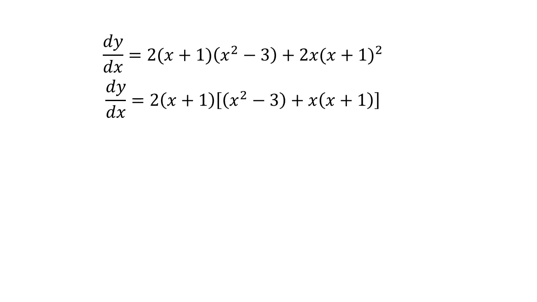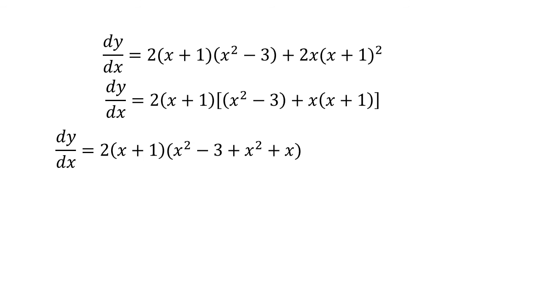I think we can as well open brackets here, such that we have x squared minus 3, then this times this would give us x squared, and this times that would also give us x, such that we now have 2 into x plus 1 bracket, then 2x squared plus x minus 3.